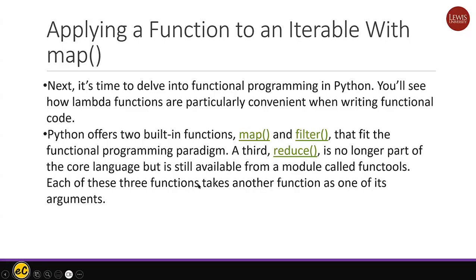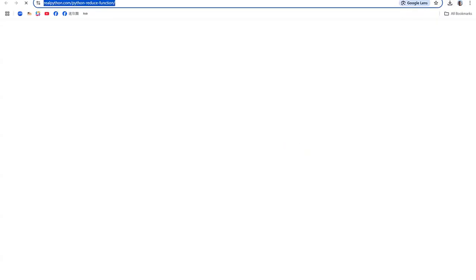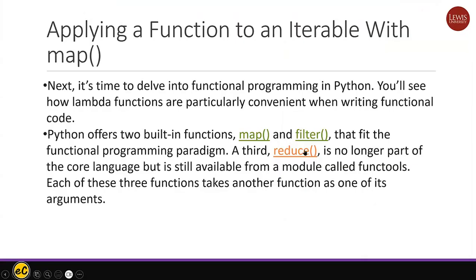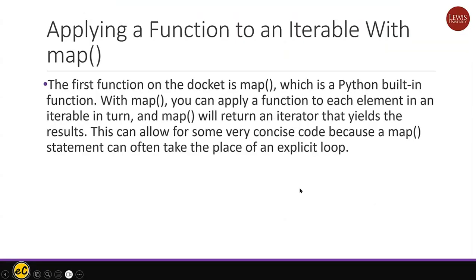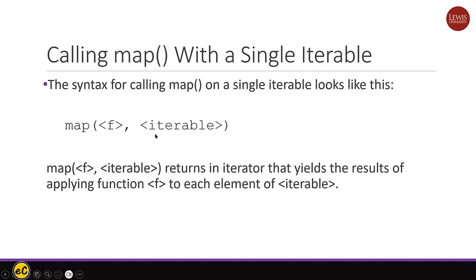Okay, I think okay. Next one is the map function. The map function will apply a function given as a parameter to some data. Okay. So it takes a function and an iterable.